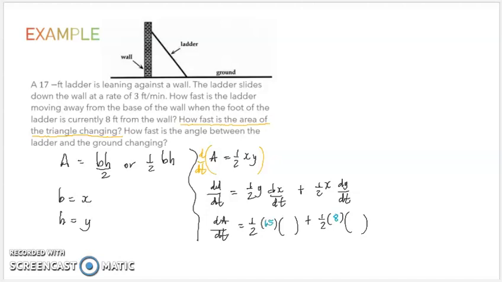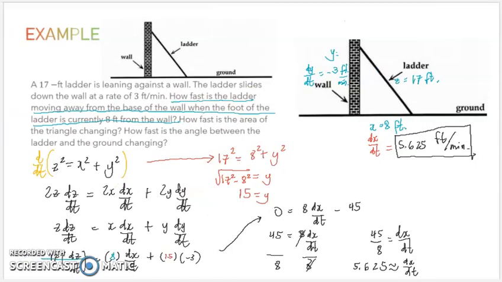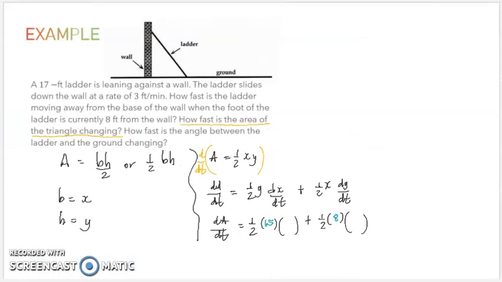We solved for dx/dt earlier, and that was 5.625, and dy/dt was -3. So we just multiply everything.